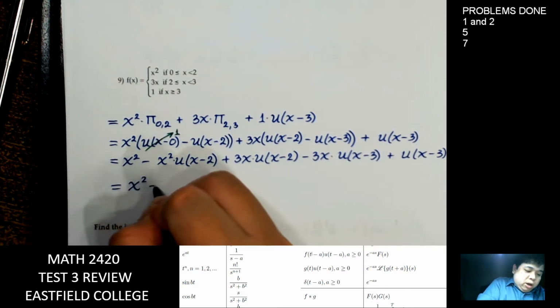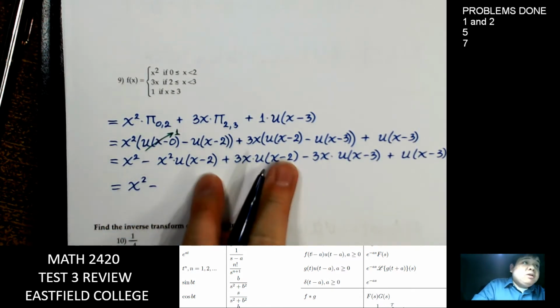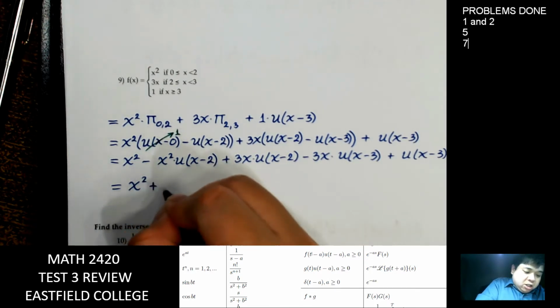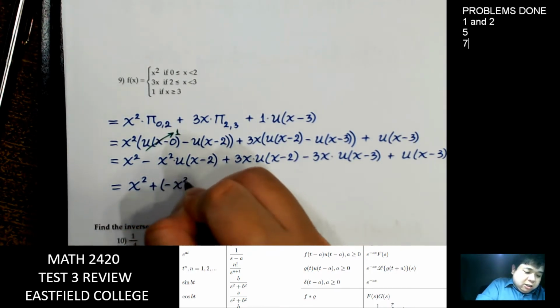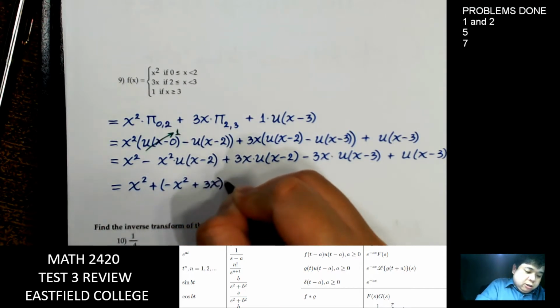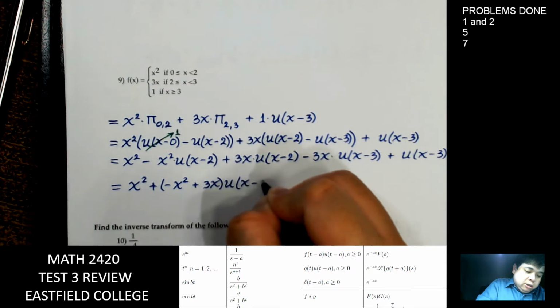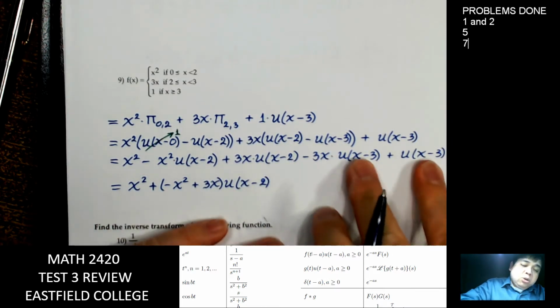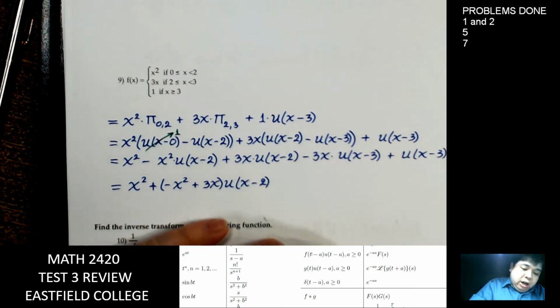So we have x squared minus, both of these have u of x minus 2. I'll factor it out, but let's just write like this. And then those two have x minus 3. I'll factor it out.